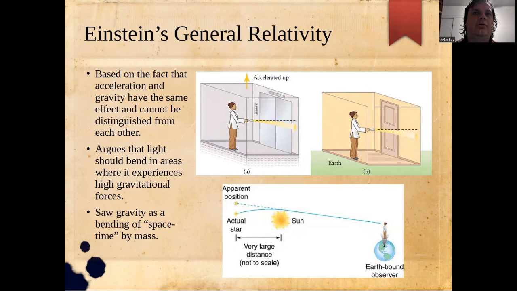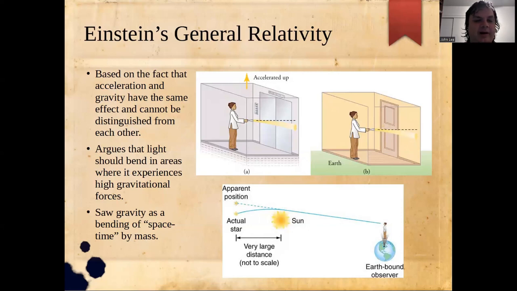So he saw gravity as a bending of space-time, where space-time is just space, the distance between objects, and the time interval between objects, which is time. So it's a combination of those two, and gravity causes there to be a bend in that, is the main argument that he makes.